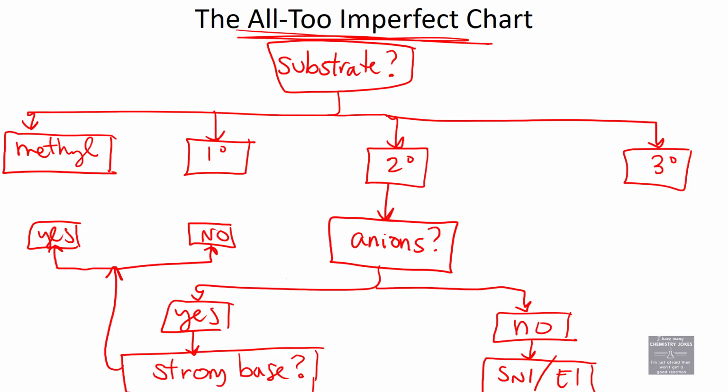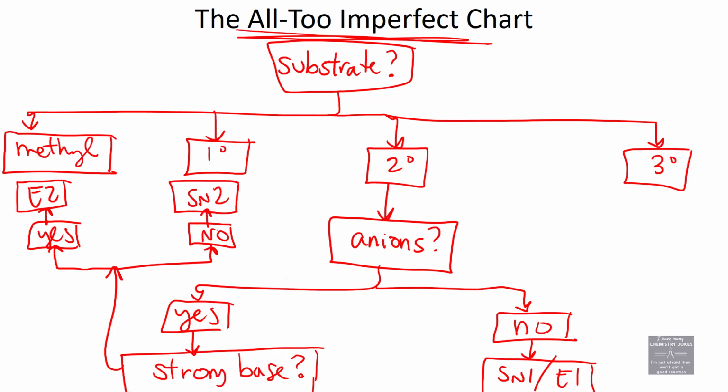If yes, you have a strong base, you're going to do E2. If no, you don't have a strong base, you're going to do SN2. So really, if you're methyl, primary, or secondary with anions that are a weak base, you do SN2.